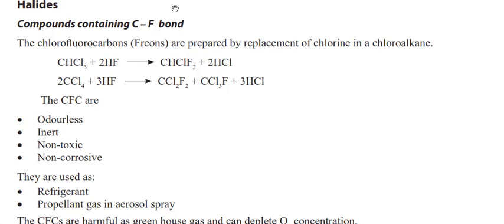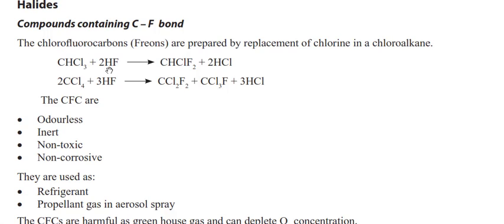Carbon can also make bonds with halides, and if chlorine and fluorine are both present, the chlorofluorocarbon is known as Freon. It is widely used in refrigerators and air conditioners, and it can be easily prepared.